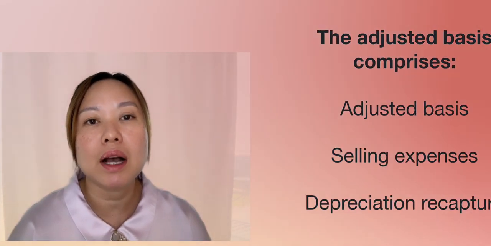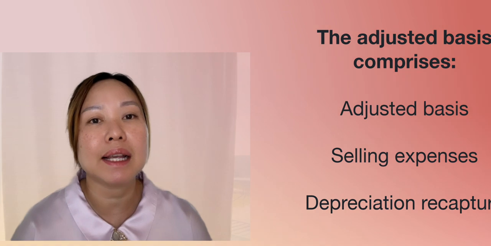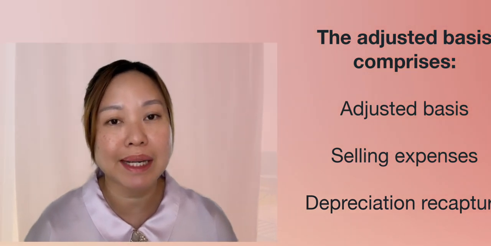The next component that we need to calculate is the adjusted basis, which comprises the adjusted basis, the selling expenses, and depreciation recapture, which for this course, again, we don't have. If the sold property was the taxpayer's main home, the gross profit is reduced by any excluded gain.